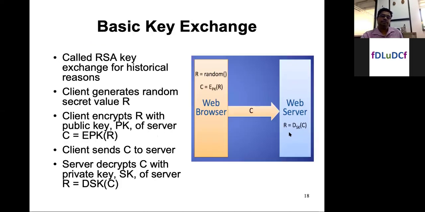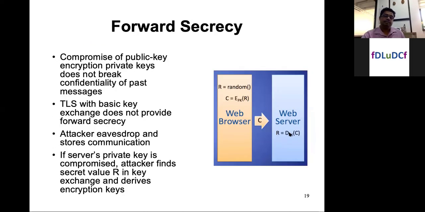However, recently people found that this typical method has a vulnerability related to what we call forward secrecy. The typical RSA key exchange has a forward secrecy problem. To understand what forward secrecy means, you have to understand this key exchange.